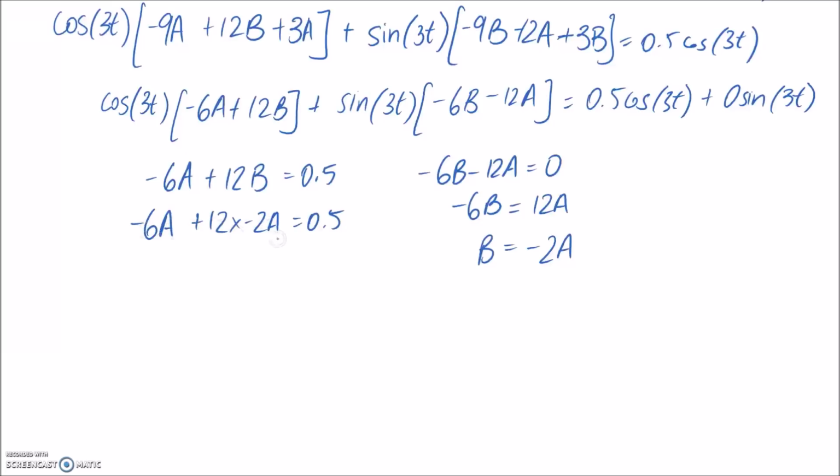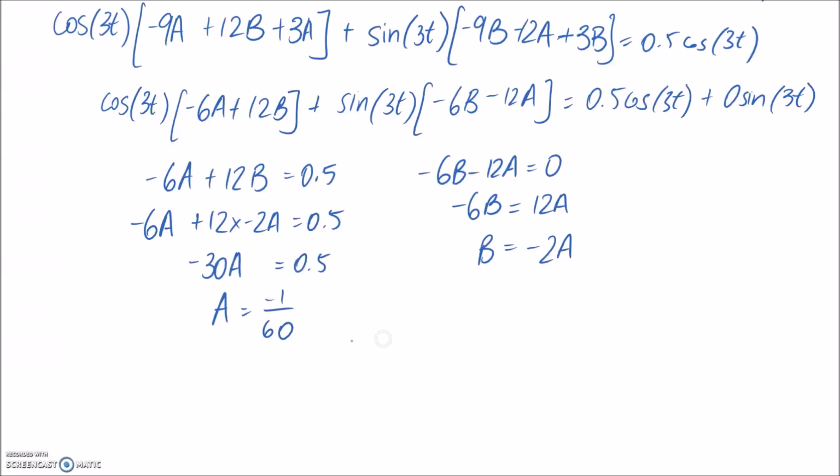If we put all of this together, we end up with negative 6a minus 24a, which overall is negative 30a. So this leaves a as being 0.5 divided by negative 30, which is the same as negative 1 on 60.